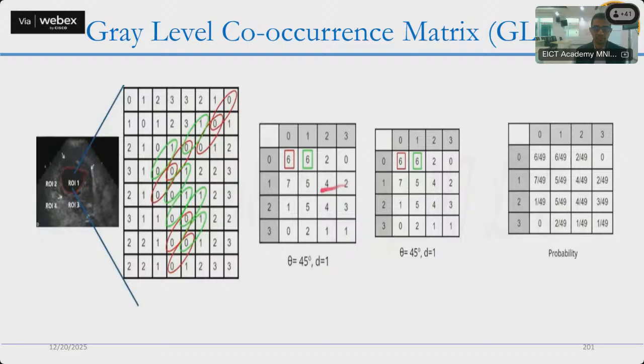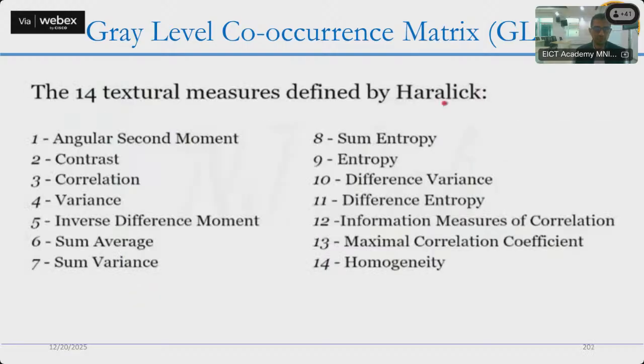It has been shown here. So we have 14 textural measures defined by this.